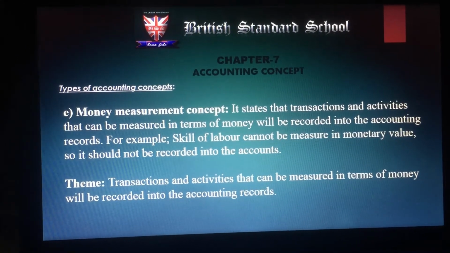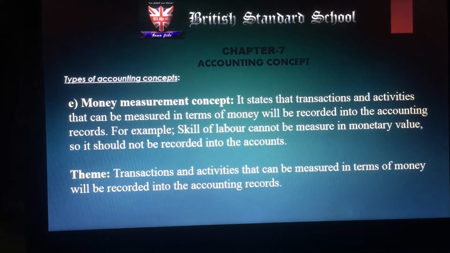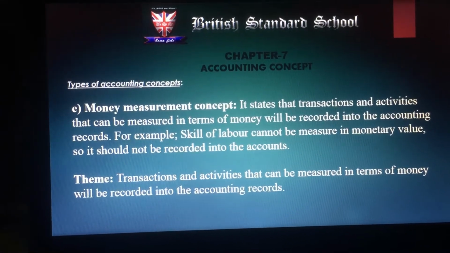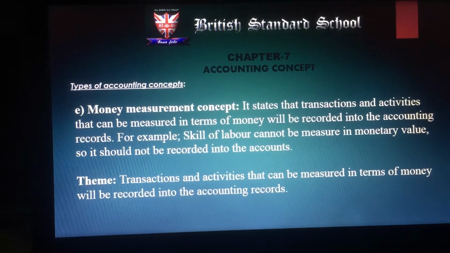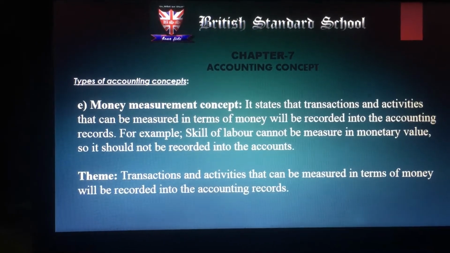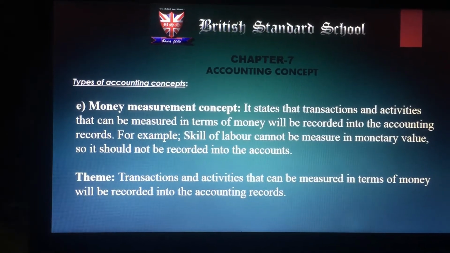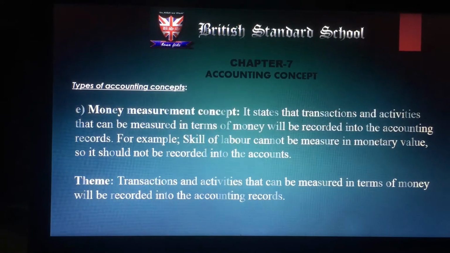They should not be recorded in the accounting books, because in accounting only the amounts which we can measure in terms of money come. So according to this concept, skill of labor cannot be measured by money. That's why it cannot be recorded.